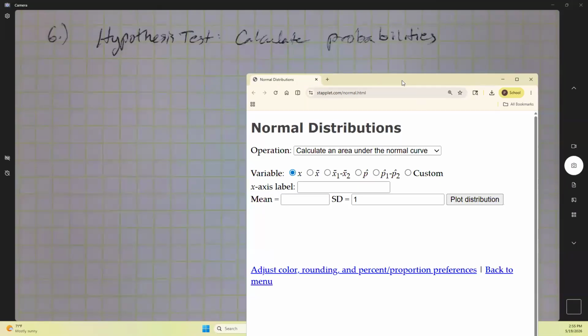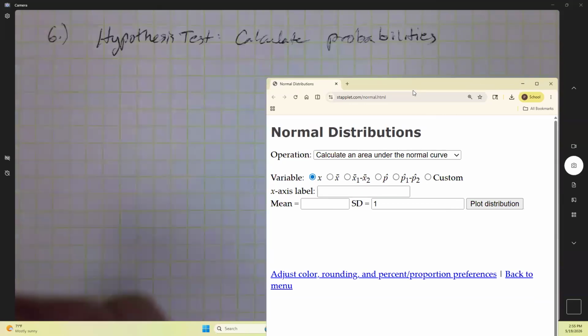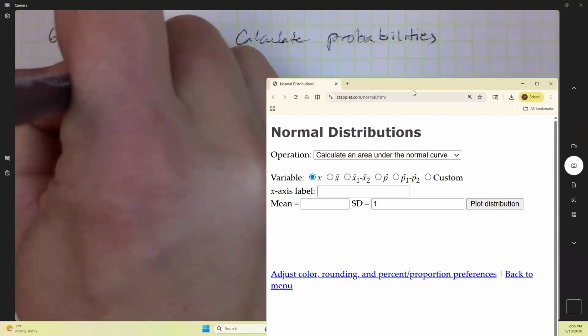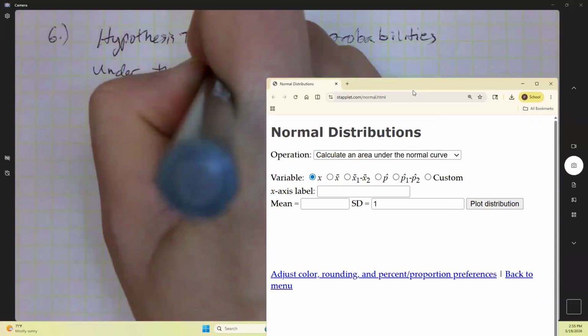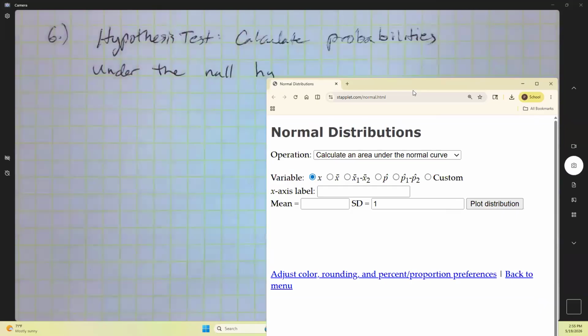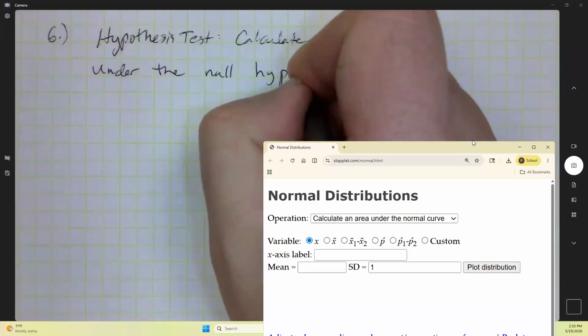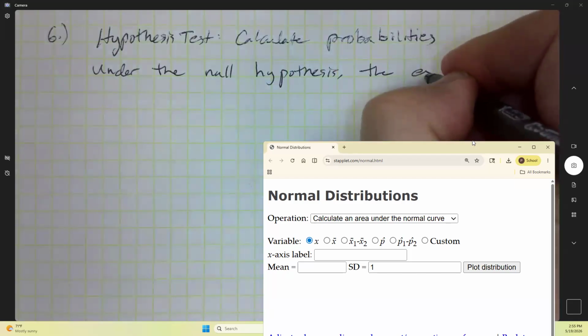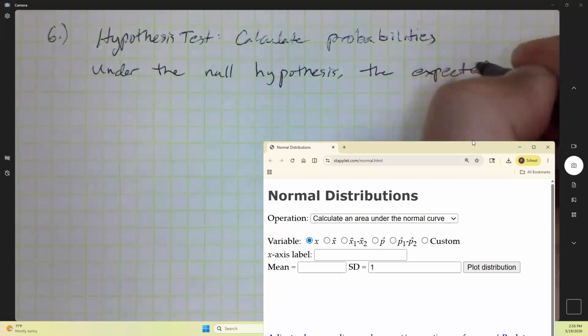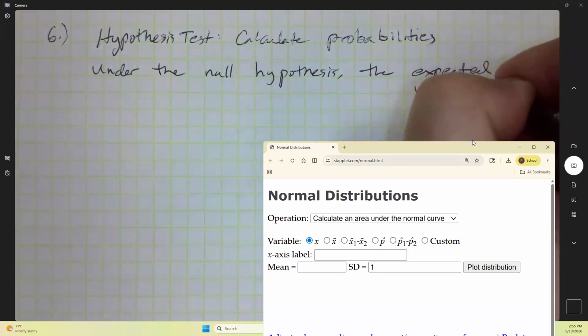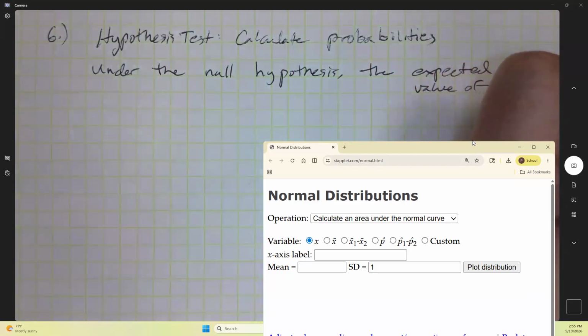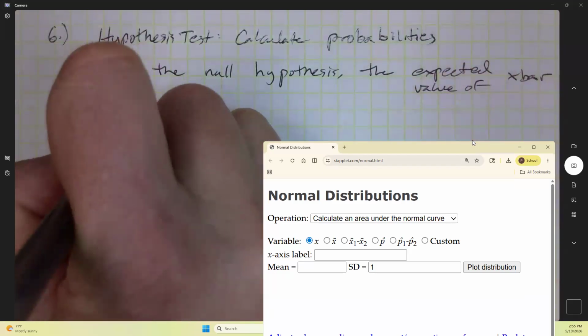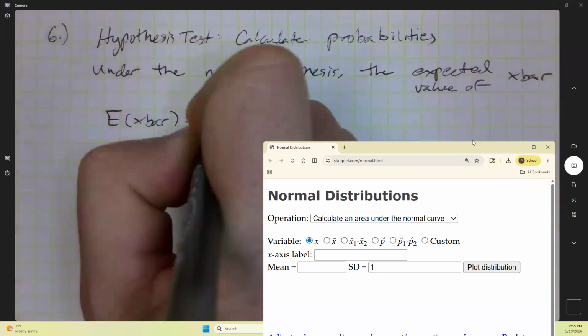We're going to use our normal distribution. Under the null hypothesis, the expected sample mean, the expected value of X bar, E of X bar, should be 250.